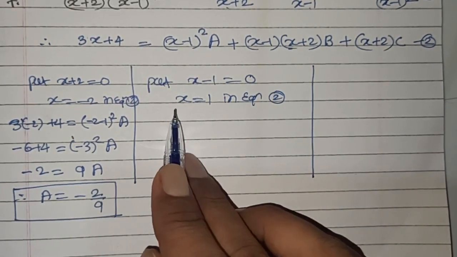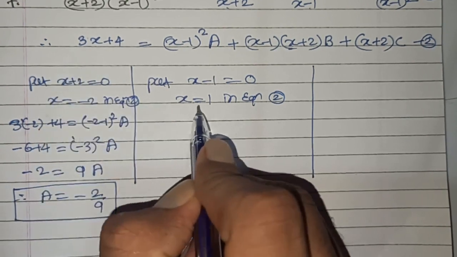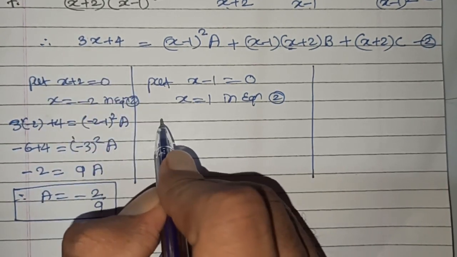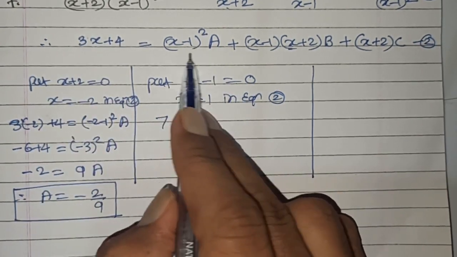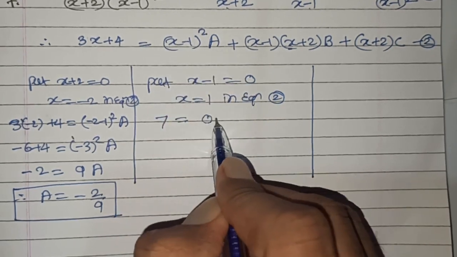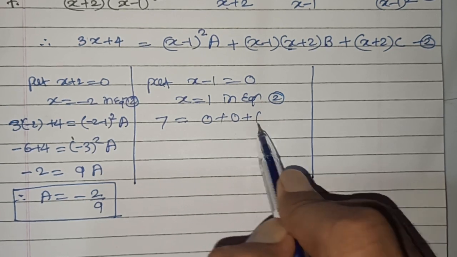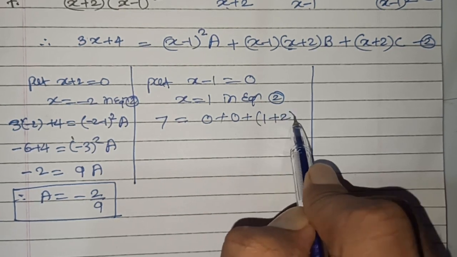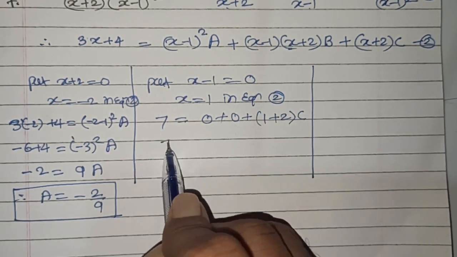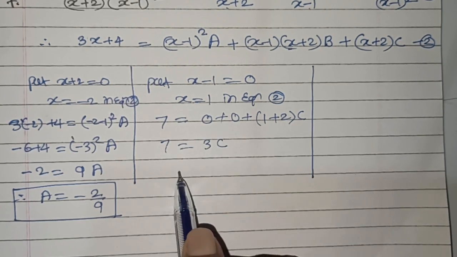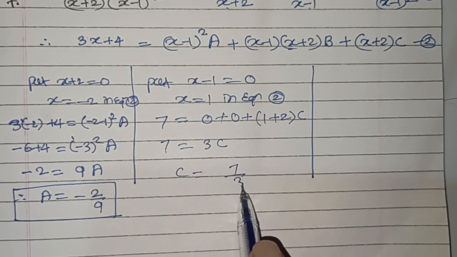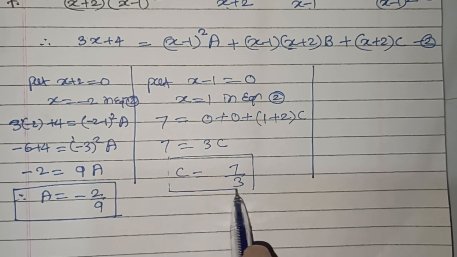Okay, so the left hand side gives us 3 plus 4, that is 7, equal to this bracket 0, so the first term becomes 0 plus the second term also becomes 0 plus the third term 1 plus 2 into c, so we get 7 equal to 3 times c, so c equal to 7 upon 3.